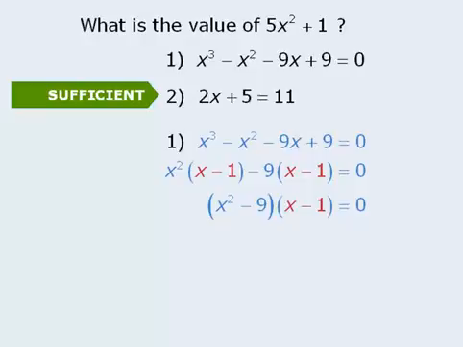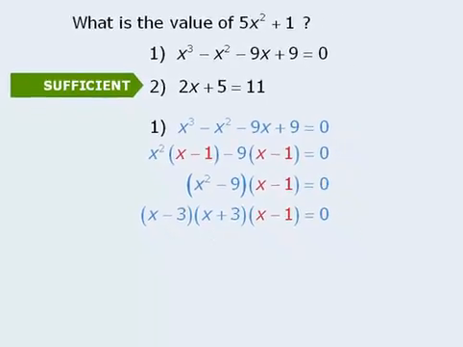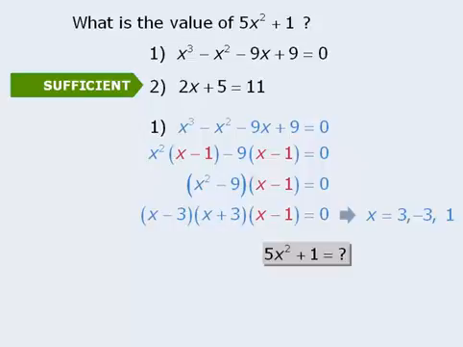At this point, notice that we can still factor x squared minus 9 even further. This can be factored to be (x minus 3) times (x plus 3). Now that we have completely factored the left-hand side, we can see that x must equal 3, negative 3, or 1. At this point, do we have sufficient information to evaluate the expression in the target question?